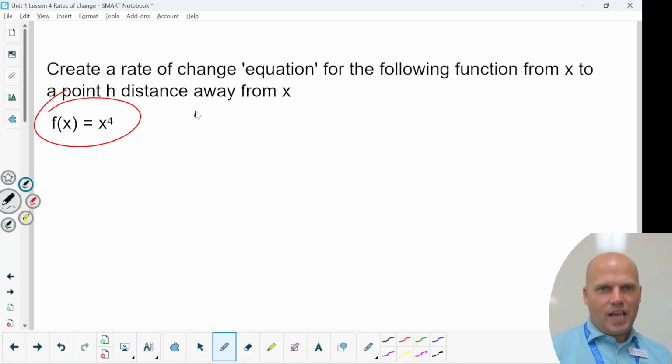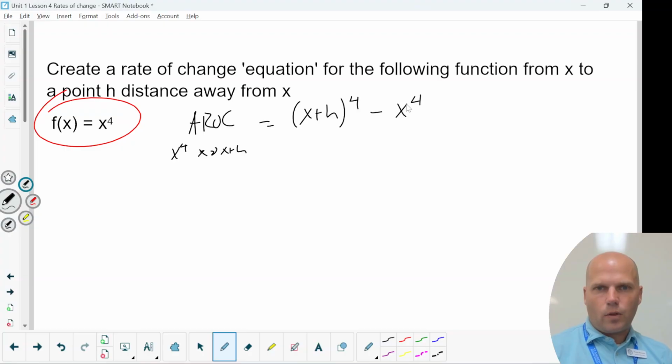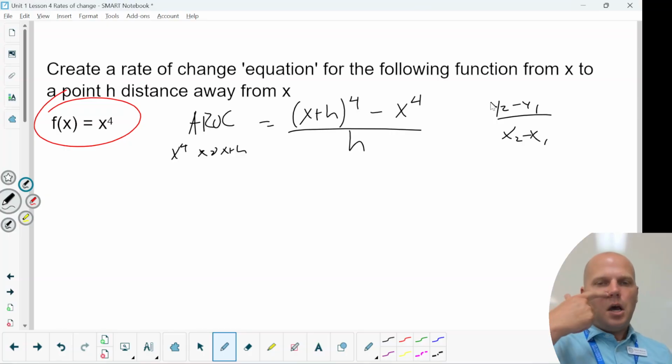Well, let's use the average rate of change of x to the fourth from x to a point h distance away. We'd get x plus h to the fourth minus x to the fourth over h. And again, this is just y2 minus y1 over x2 minus x1, but with generic points.